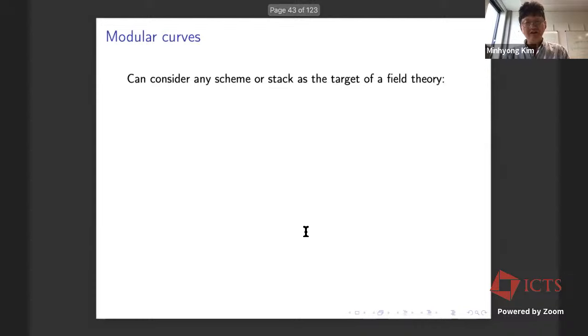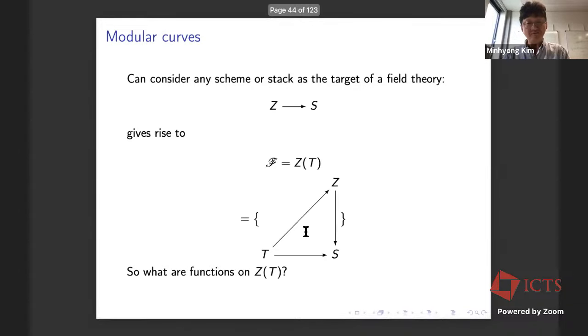For example, if you had an S-scheme Z, then for any other S-scheme T we can consider sections of Z over T. We can consider that as a space of fields and ask what the natural functions on the space of sections are.